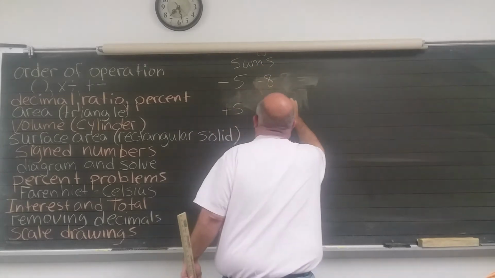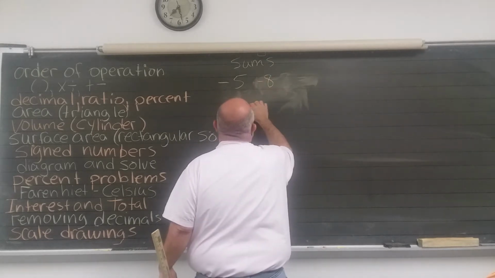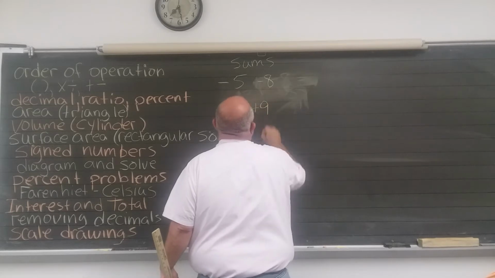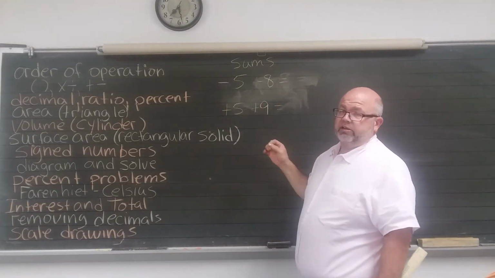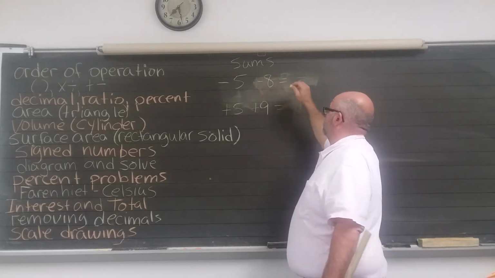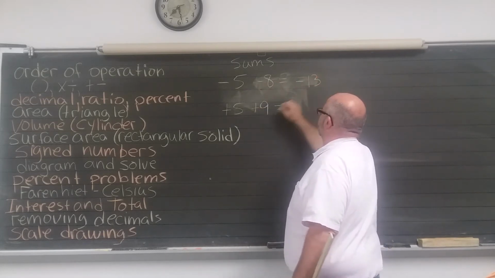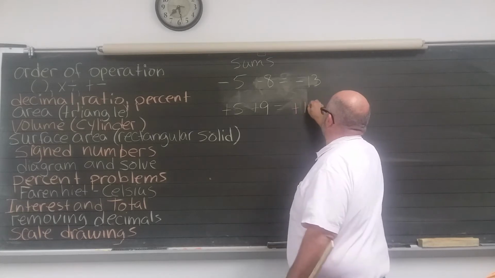Sums means you're adding. That's why it's important to know that. If the signs are the same, you add and keep the signs the same. 5 plus 8 is 13. Keep the negative sign, -13. 5 plus 9 is 14. Keep the positive sign, positive 14.